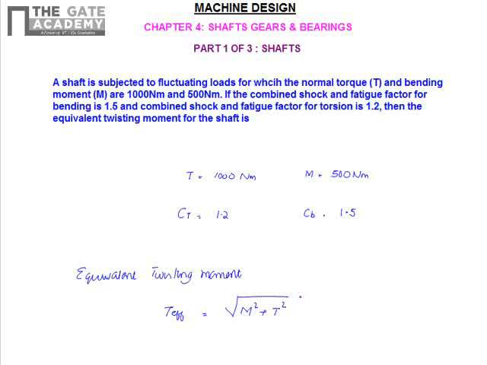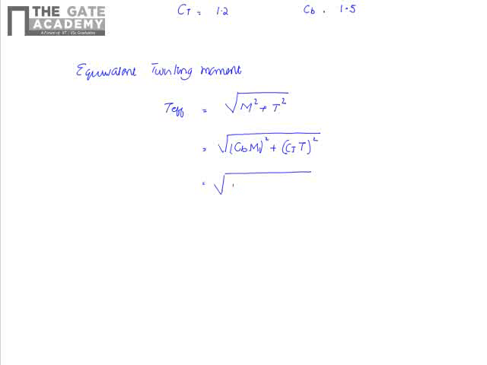Since here dynamic effects are also to be taken, this becomes equal to square root of Cb into M whole square plus Ct into T whole square. That will be square root of Cb is 1.5 into M is 500 whole square plus Ct is 1.2 into T is 1000 square. So that will be how much? 1.5 into 500 square plus 1.2 into 1000 square.